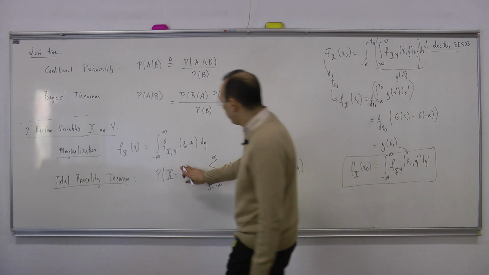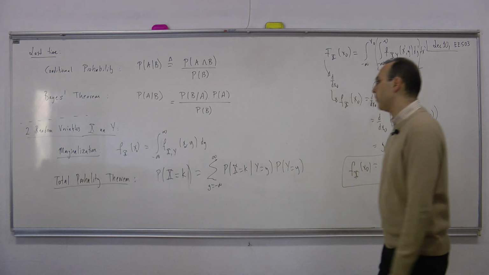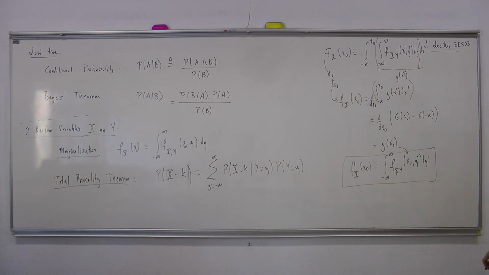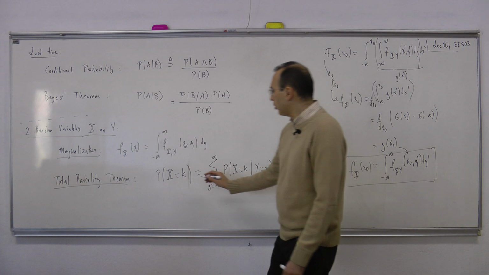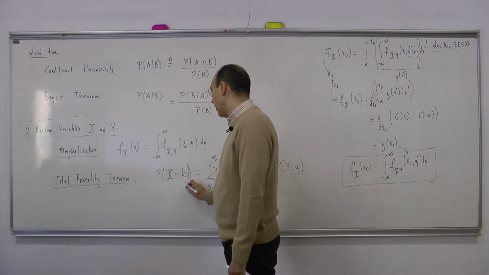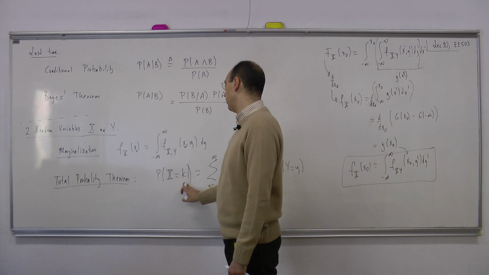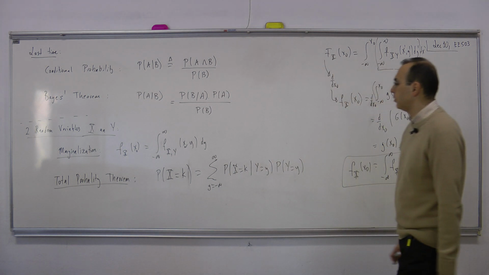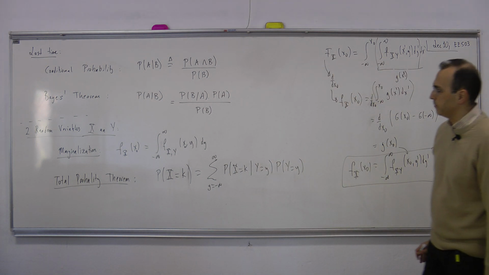Since it's a probability, I'm talking about probability mass functions right now. So this probability mass function, I'm calculating this probability. So how can I calculate this?